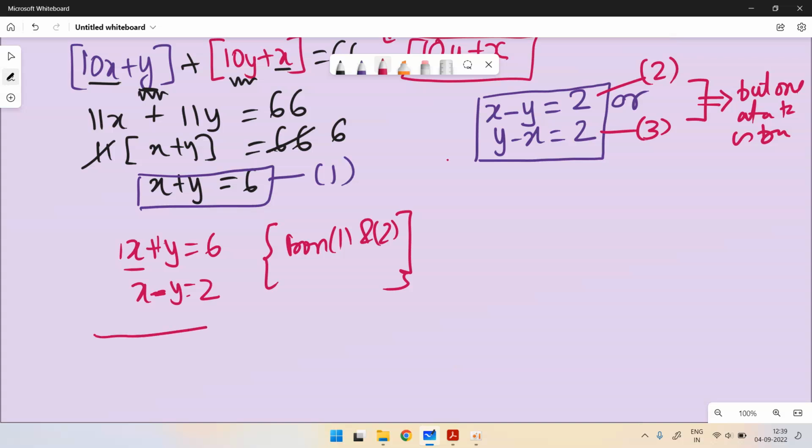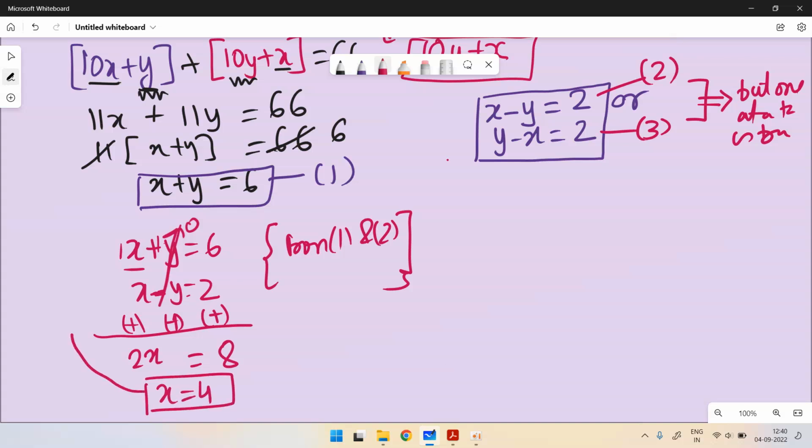So you directly need to add these two equations. If you directly add, this becomes 0, and x plus x becomes 2x plus 0 equal to 6 plus 2 is 8, which implies the value of x is 4.